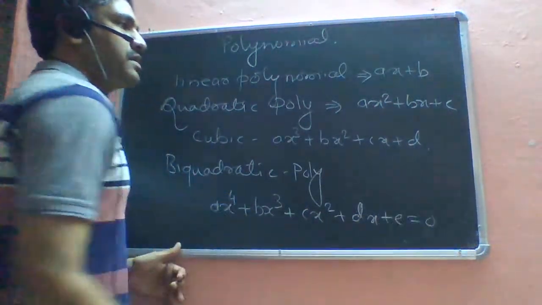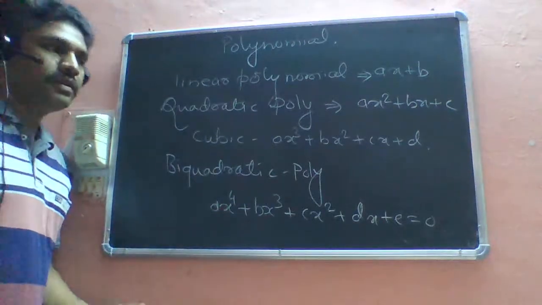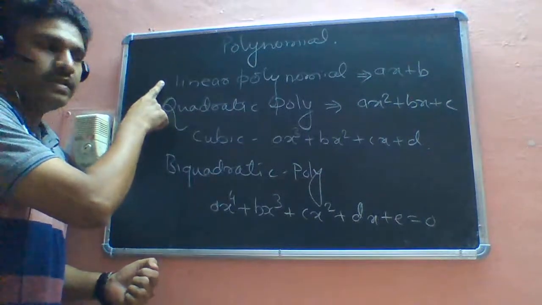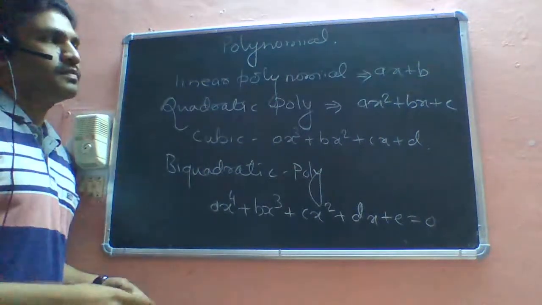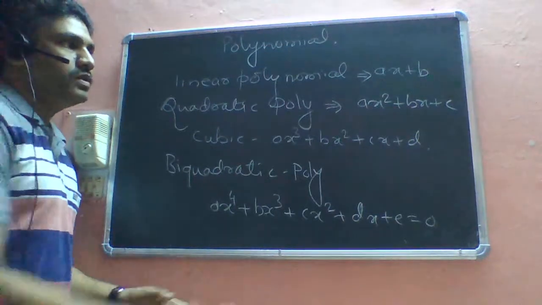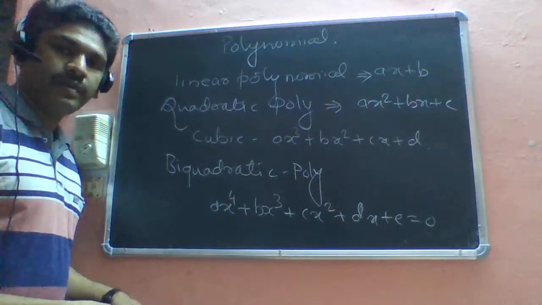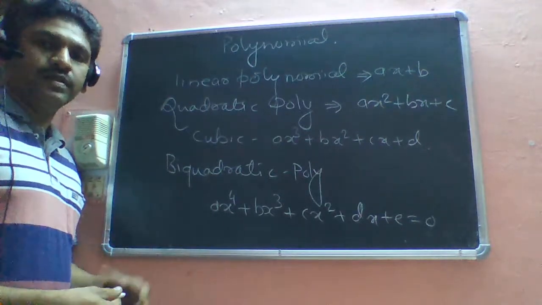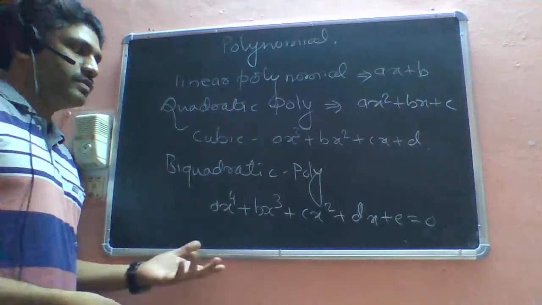Alright, so these are all the types of polynomials that we already have seen. Starting with the linear polynomial, the standard form is ax plus b. Quadratic means highest power is 2, so standard form is ax square plus bx plus c. The cubic polynomial is ax cube plus bx square plus cx plus d equal to 0.